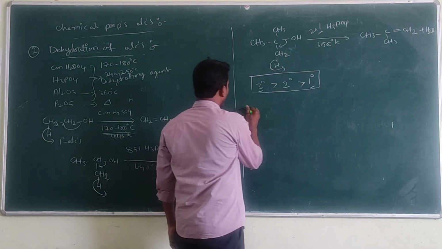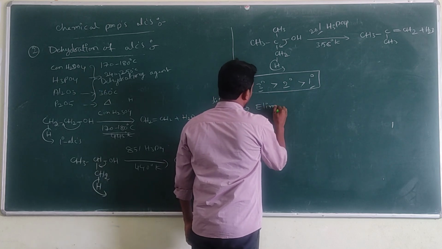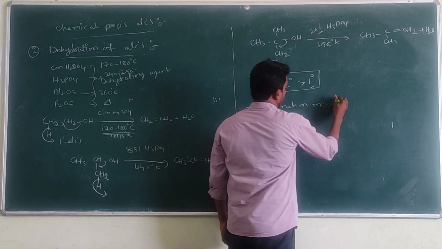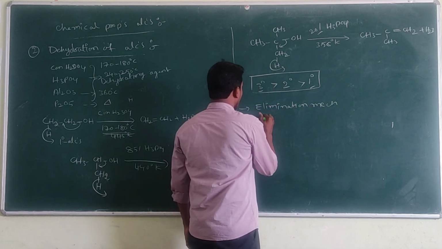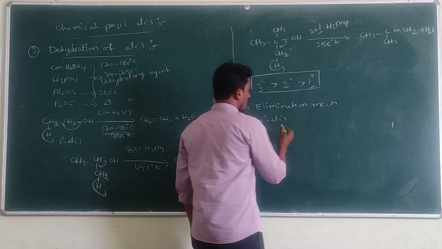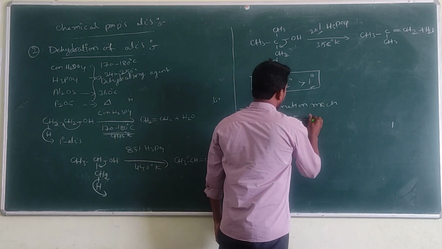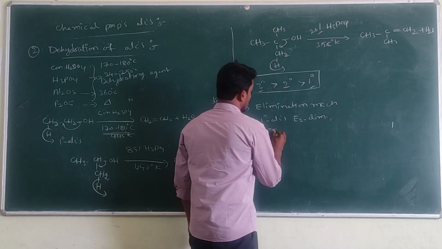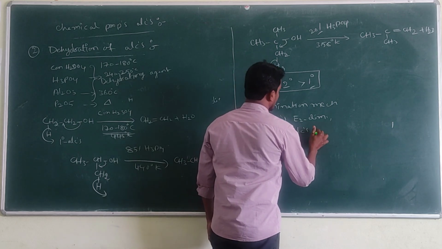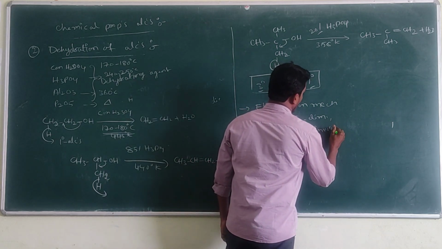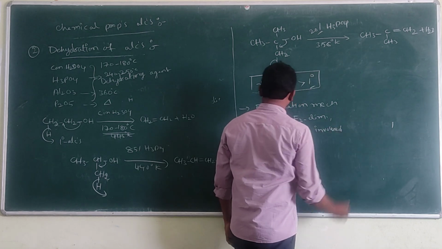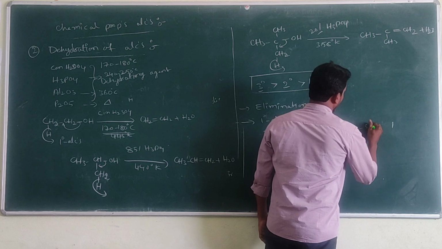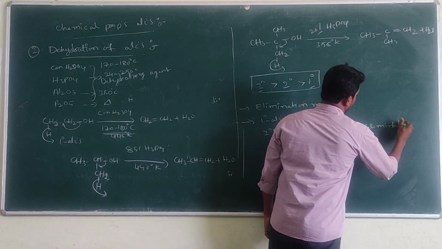Dehydration involves an elimination mechanism. Primary alcohols are involved in the E2 elimination mechanism, and secondary and tertiary alcohols are involved in the E1 elimination mechanism.